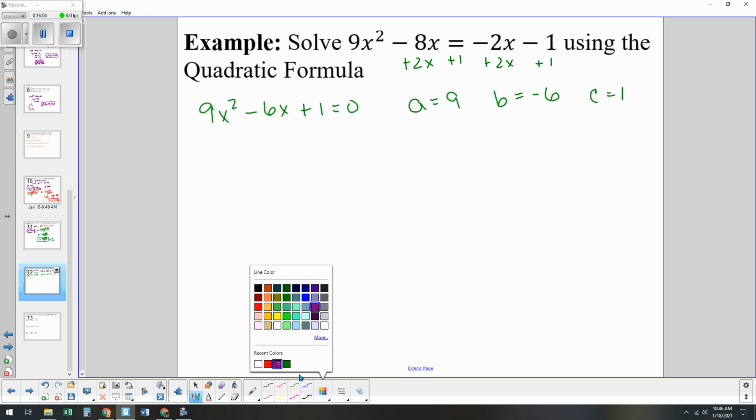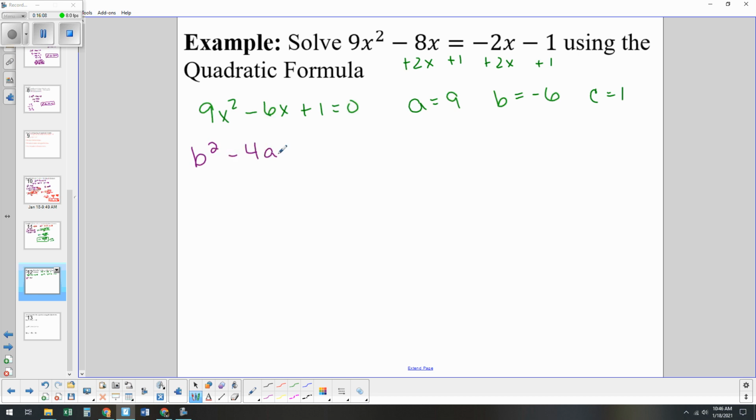So we'll start with the discriminant. So that's going to be negative 6 squared minus 4 times 9 times 1. It's positive 36. Only one negative sign. 4 times 9 is 36, times 1 is 36. And this time I get 0.